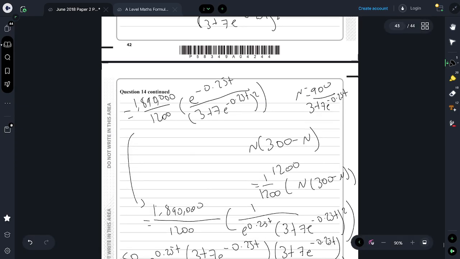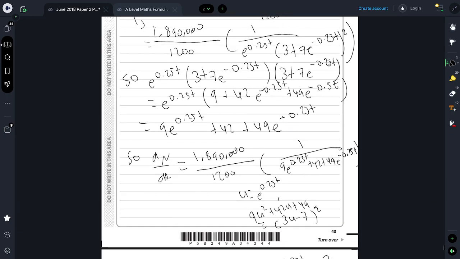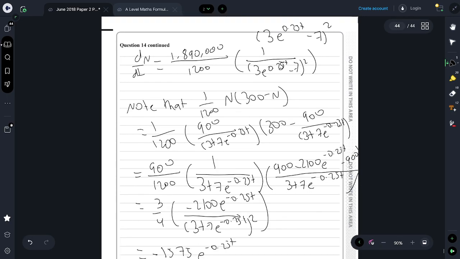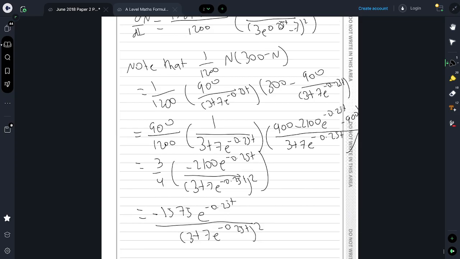Why is that? This is the answer they've given us. 900, let's check this then. 900 over, yeah, n times 300 minus 900 over this. So that'd be 900 of minus 900.